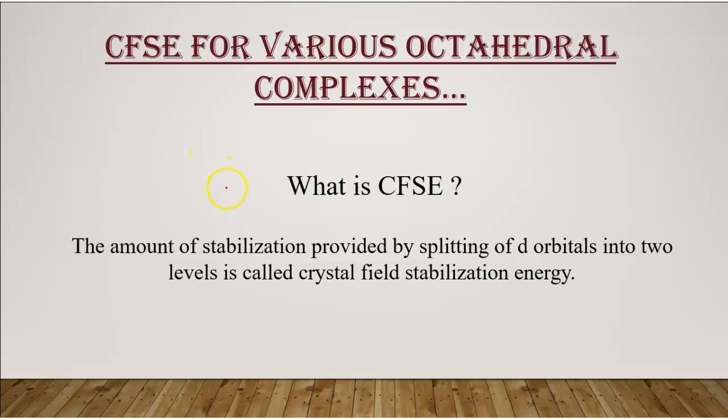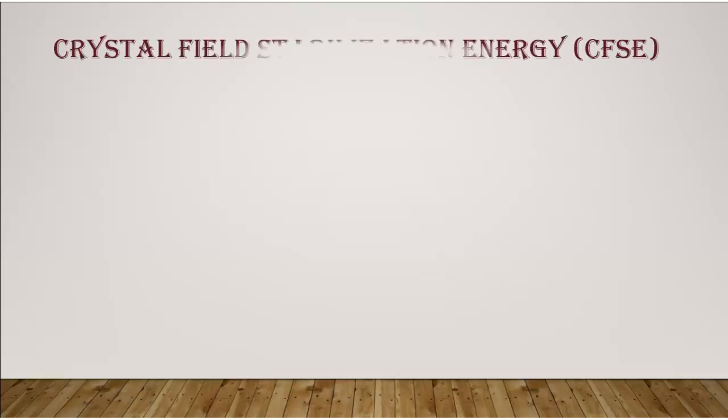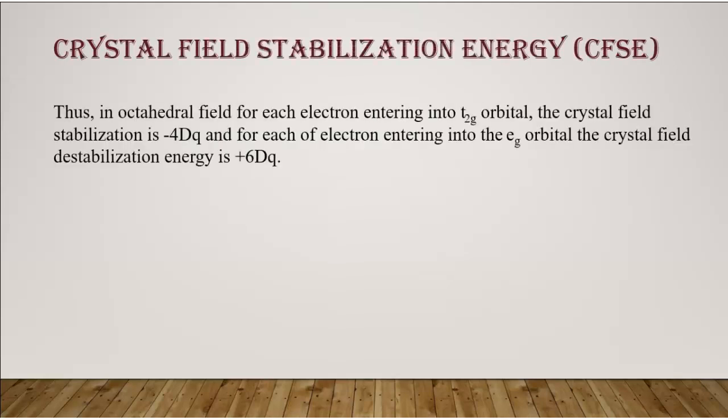This term CFSE is sometimes asked for 1 mark in your subjective paper, so you should remember what it is. It is the amount of stabilization provided by the splitting of d orbital into two levels, that is your Eg and T2g over here in octahedral complexes. Correct. So let's see how we are going to calculate.